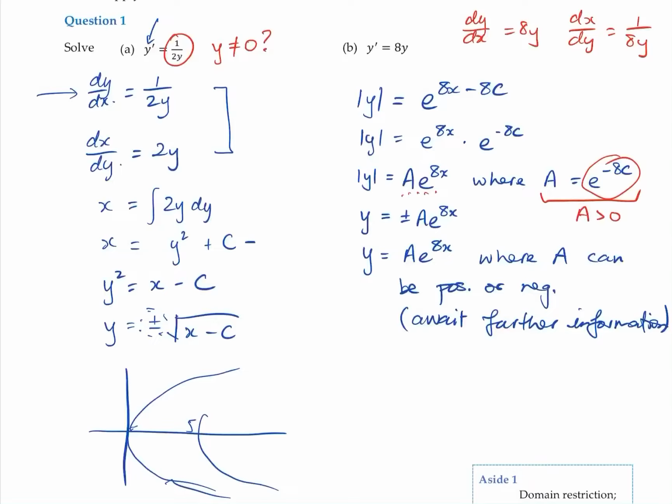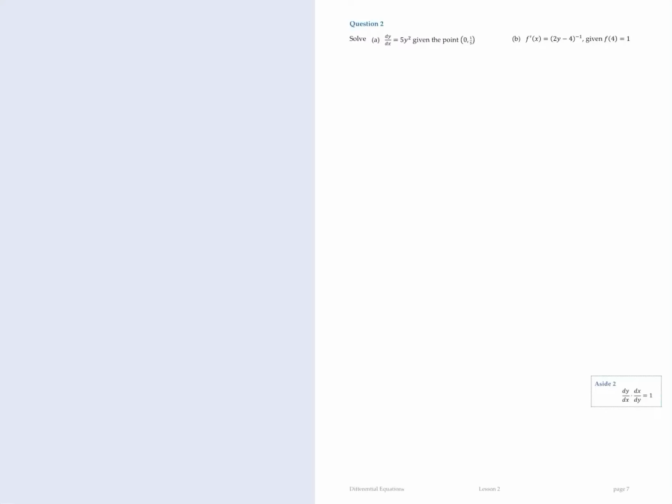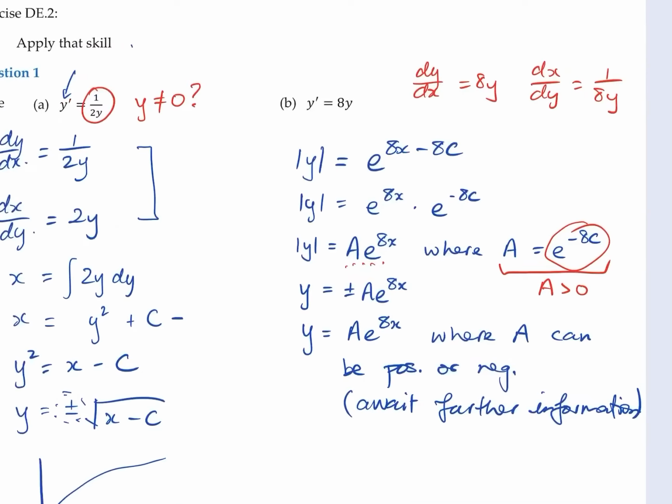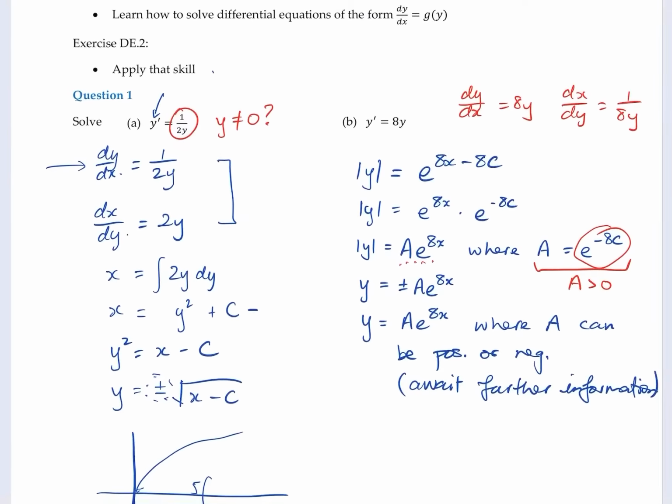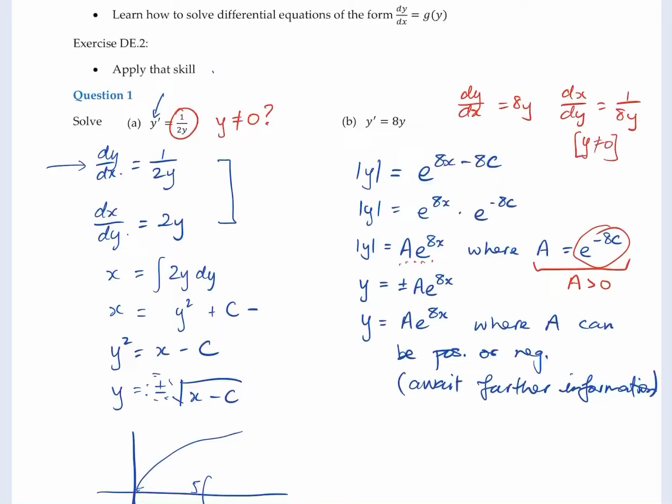Well, we're going to see about that. What about here? y not equal to 0? It's on the bottom of a fraction.